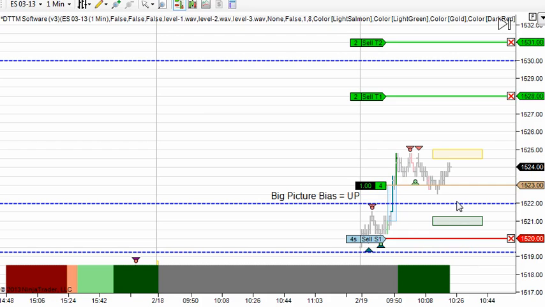The idea is you're protecting your profit, but I still have no evidence or reason to think that my trade doesn't make sense. In other words, the reasons I got into my trade, the bigger picture bias up, the filter in our favor, the big extreme aggression bars going through this 22 level, are all still valid. Nothing's changed. So why would I want to risk getting nicked on a trade before it's had its chance to move? So that's one option.